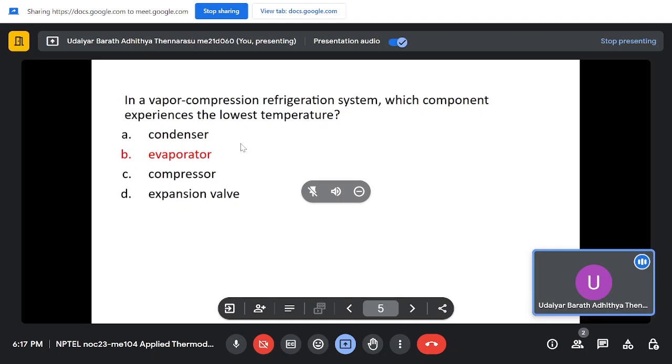So that is in the evaporator. The highest will be at the condenser side: the compressor exit, in the superheated region, will be the highest temperature, and that goes to the condenser. So the lowest will be in the evaporator.